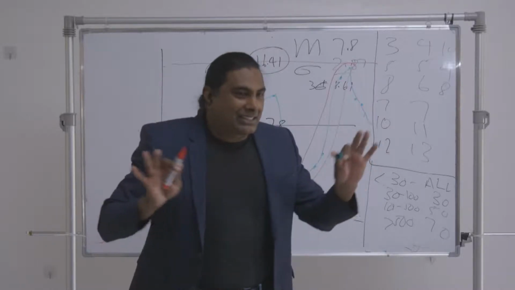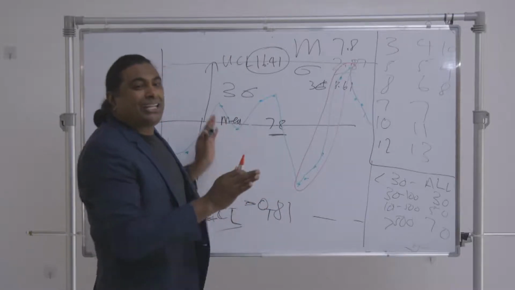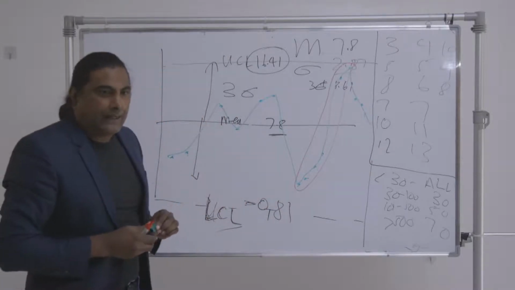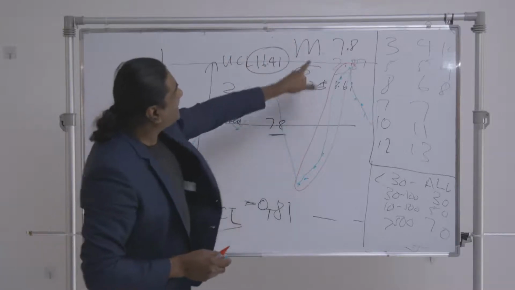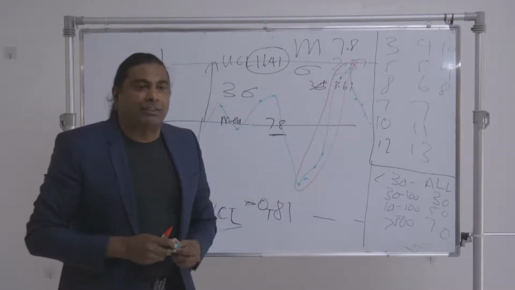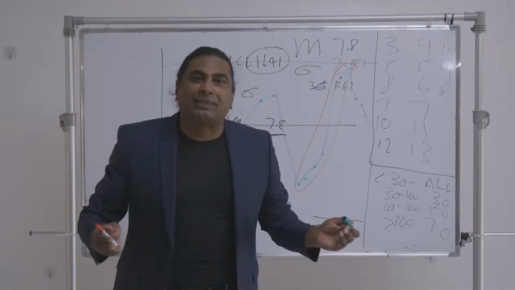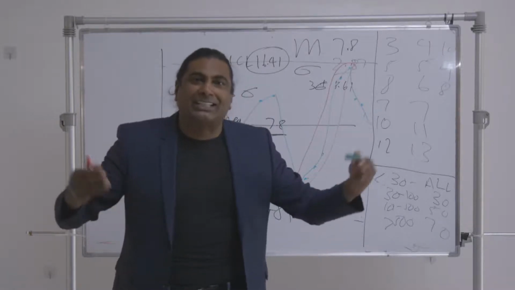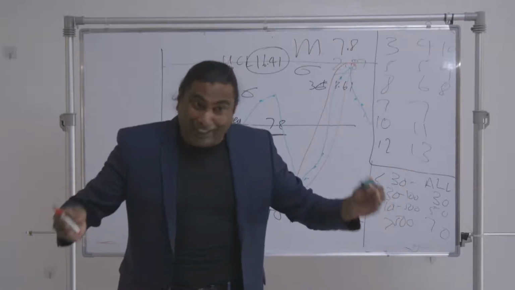This is what data-driven management is all about. You are not going to get to this by just saying the average wait time was 7.8. That's bad management. You can't manage an average. Very important lesson.